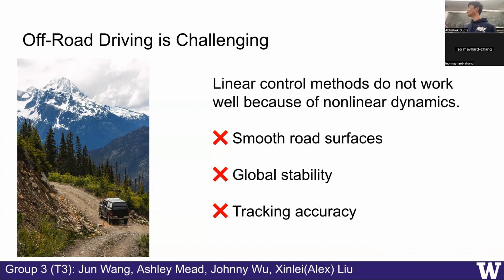For example, the gravel on the road, the sharp curves, and the mud puddles on the way. You don't have smooth road surfaces, and there's no global stability because of how the road is constructed. For example, one side of your car might be tilted upwards, so your tracking accuracy or the sensor measurement might be very inaccurate from the reality.